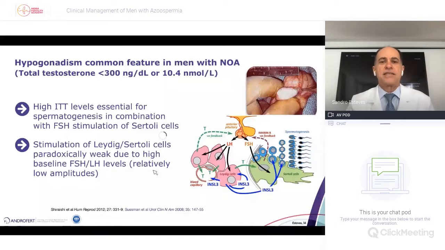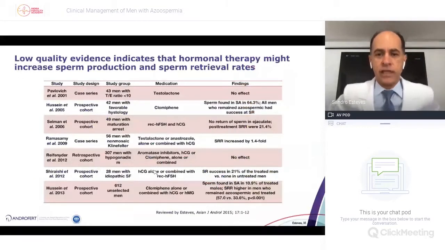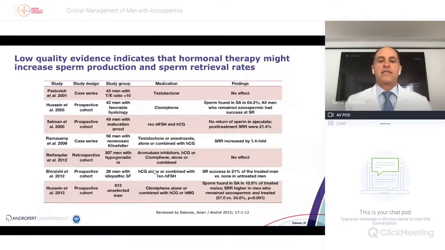There are several studies in the literature suggesting that pushing the system with aromatase inhibitors, clomiphene citrate, HCG, and combinations of drugs might increase the opportunity to find sperm within the testicles of men with non-obstructive azoospermia.